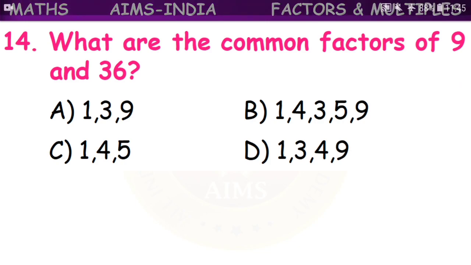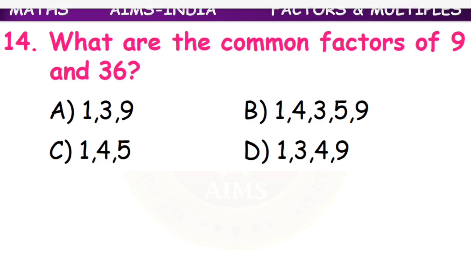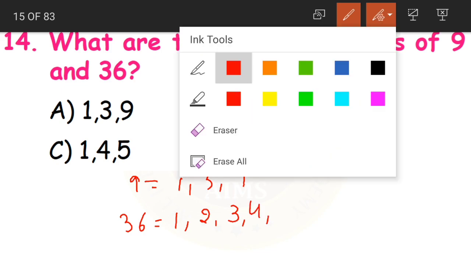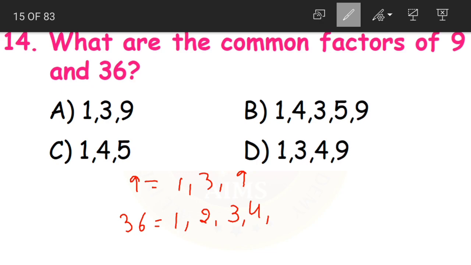What are the common factors of 9 and 36? Very simple question, right? For 9, what factors do we have? 1, 3, 9. For 36, what factors do we have? We have 1, 2, 3, 4.